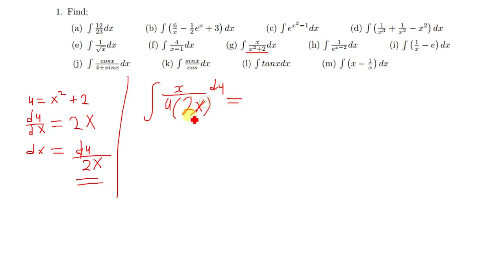We can see that the x and the x will cancel, so I'm just going to remain with 1 over 2 the integral of 1 over u, with respect to u.